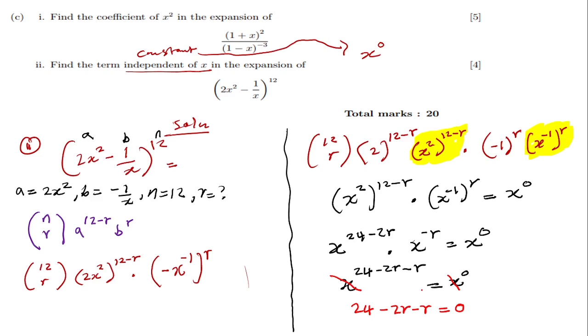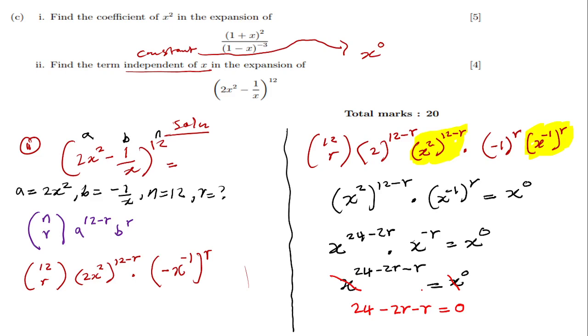What is our n? Our n is still 12. What is our r? Our r is now 8. What is our a? It is 2x squared to the power 12 minus 8. What is our b? It's negative 1 over x to the power 8. After you do that, this will make your work easier.